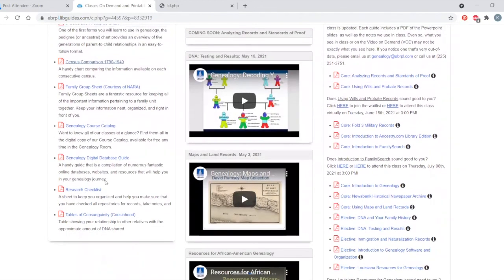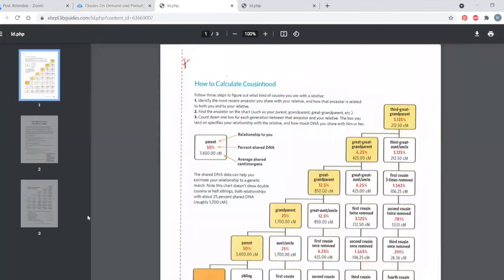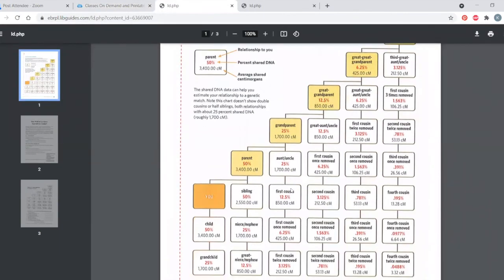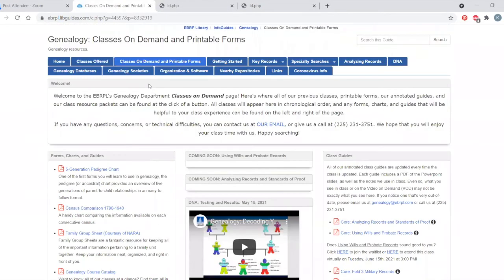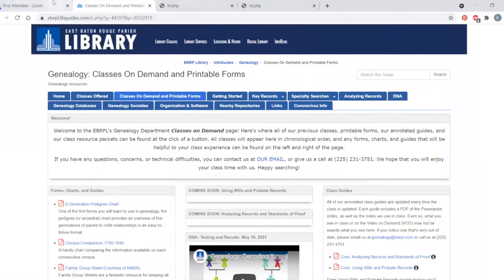Oh, cousinhood chart. Yes, yes. So if you've ever wanted to know how a second cousin twice removed works, you can find it on this chart. Second cousin twice removed, there it is. So that one is really helpful too. And then, is there anything? Oh, there is one other thing I wanted to share.